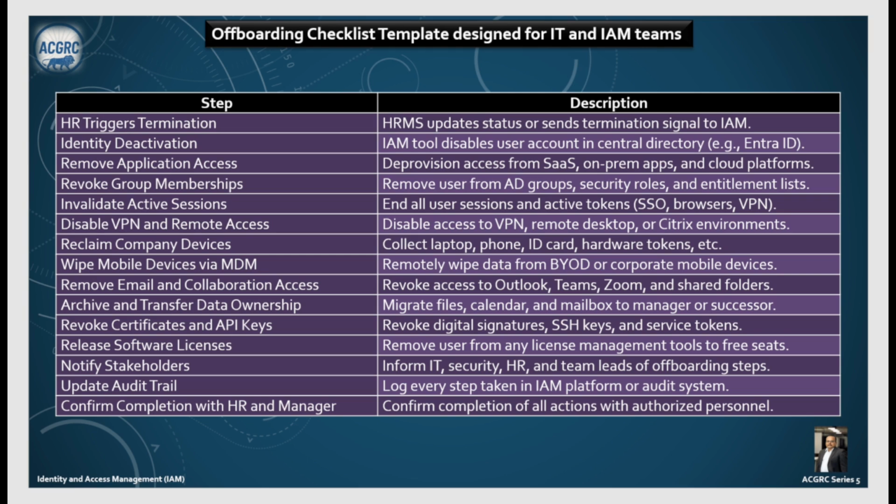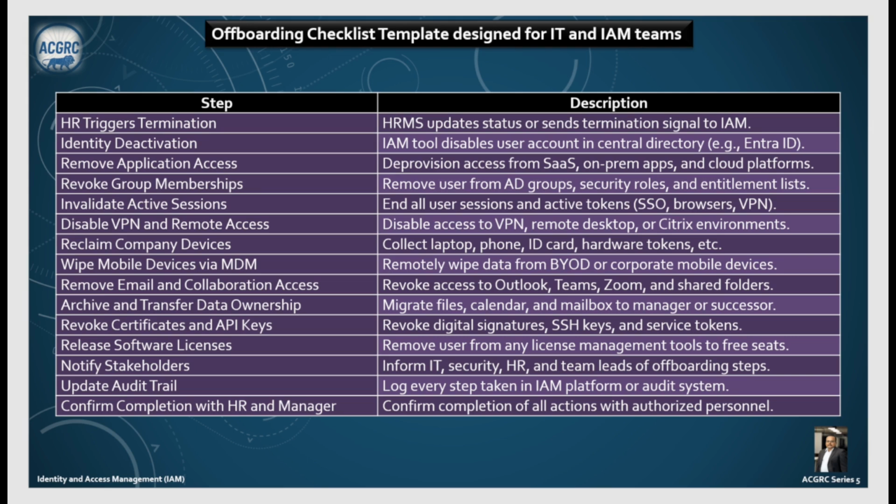Collects laptop, phone, ID card, hardware token, etc. Remotely wipes data from BYOD or corporate mobile devices. Revokes access to Outlook, Teams, Zoom, and shared folders. And migrates files, calendar, and mailbox to the manager or successor. It revokes digital signatures, SSH keys, and service tokens.